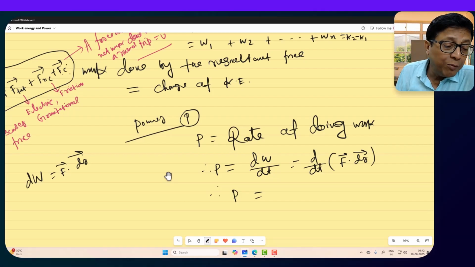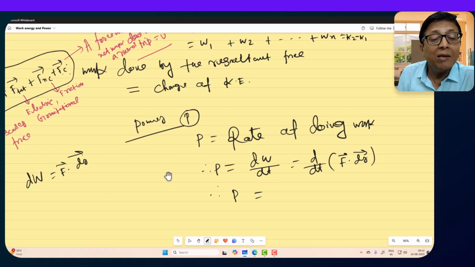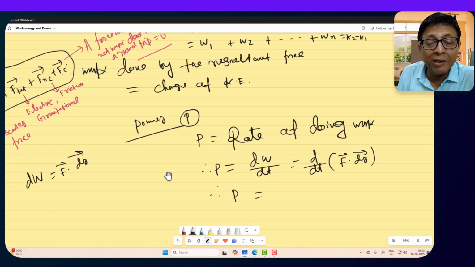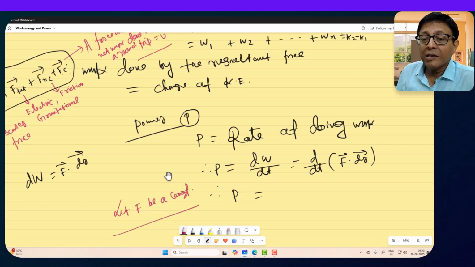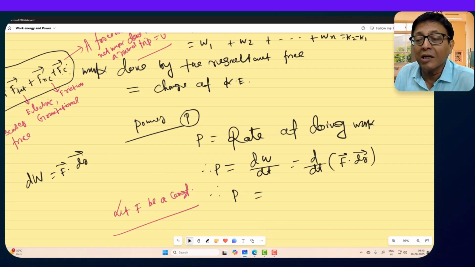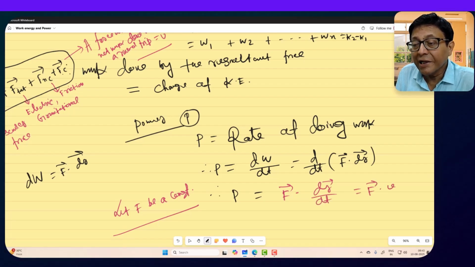Will you think both F and dr are variable quantities over there? Let us assume, let F be a constant. If it is not constant, then we will discuss in calculation part. Here you assume that F be constant, then F will be free of derivative. It is going to be dr by dt, so this will be F dot v.